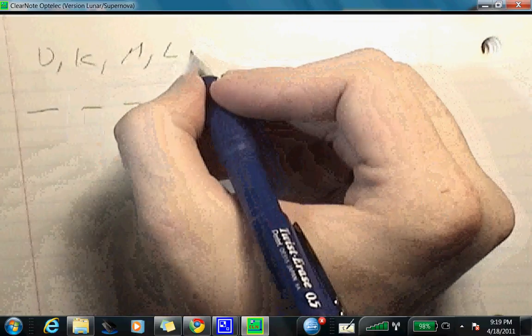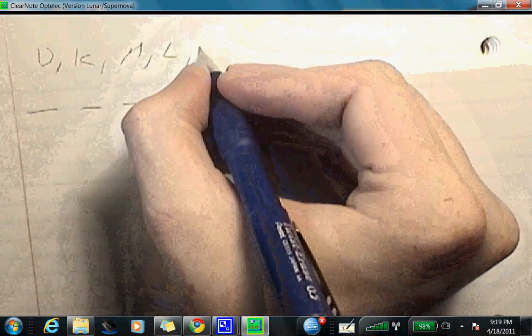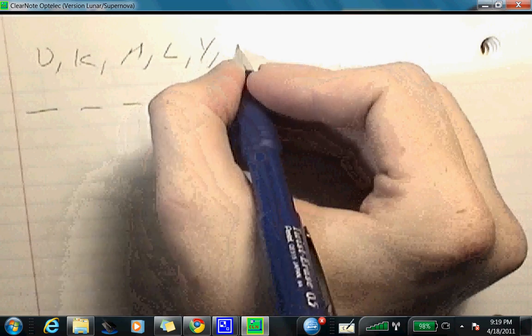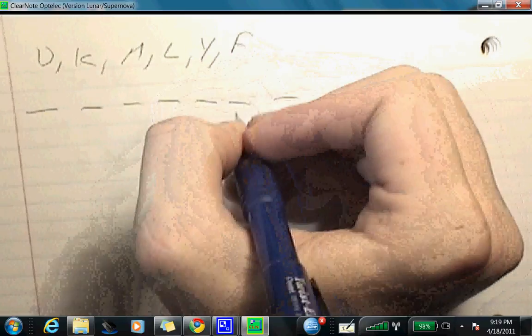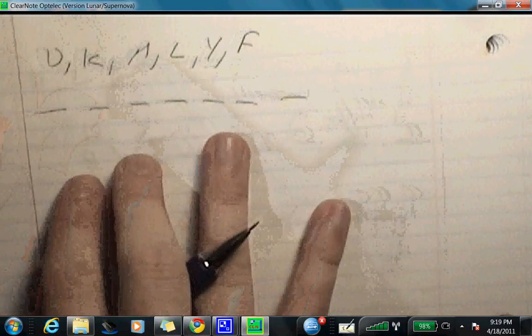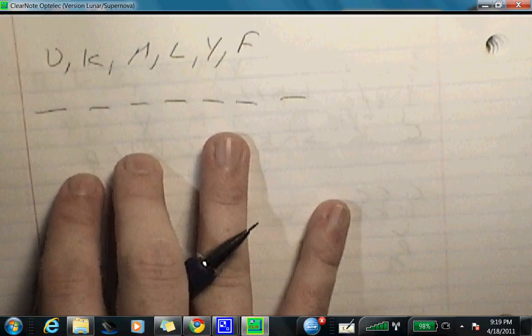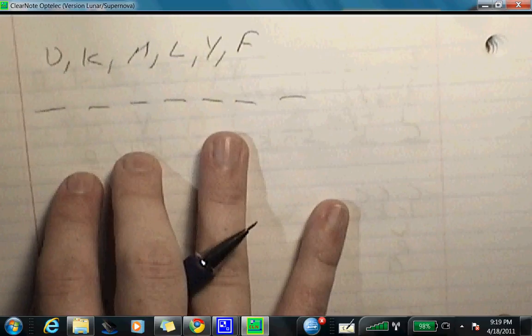We know that aspartate's there, lysine's there, methionine, leucine, and what were the other two? Tyrosine and phenylalanine. Okay? That's all we know at the very start.